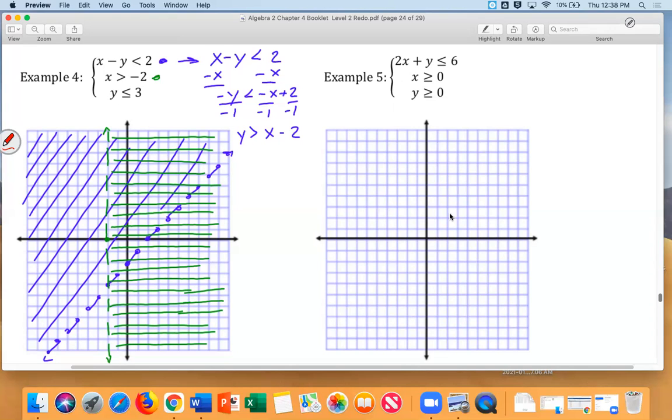Last but not least, y is less than or equal to 3. So we're going to go up to 3, 1, 2, 3. And it's equal to, so it's going to be a solid line. And it says less than, so we're going to go this way.